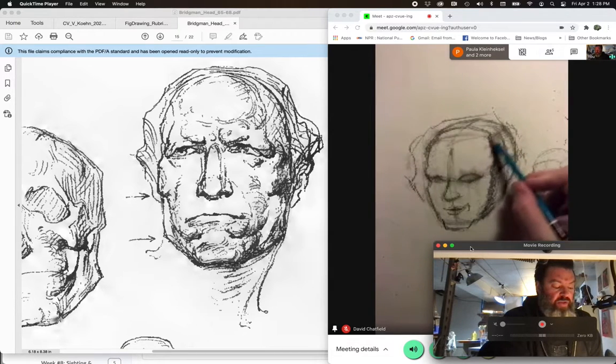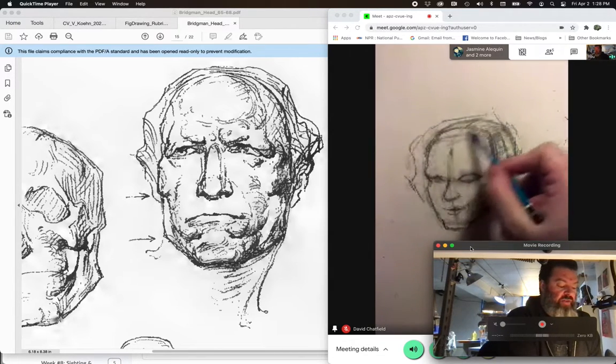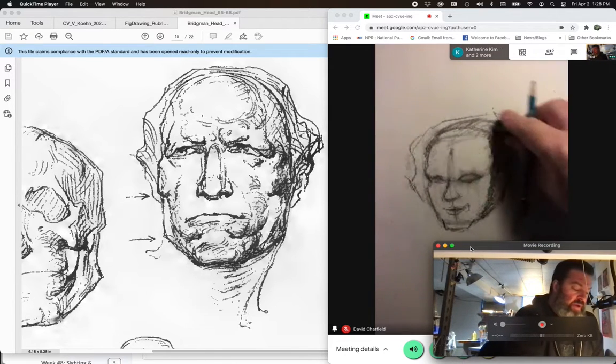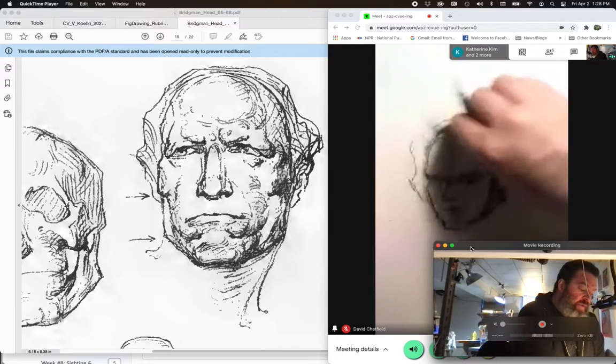Keep those in mind. Use them if they're useful. Look up other artists and see, okay, what does this artist do? How do they measure? Because that could end up being helpful.